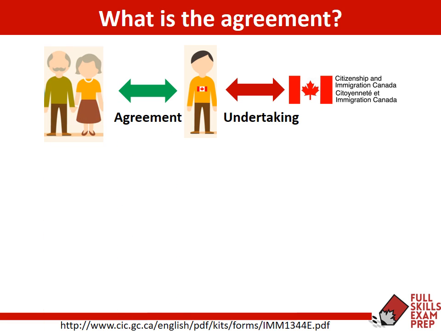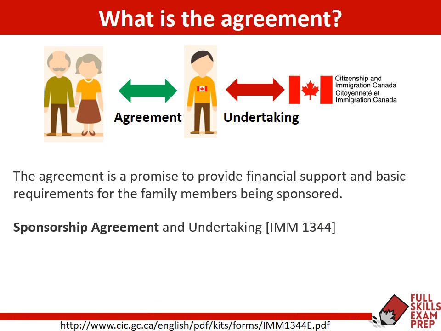Remember as well that this person also has to sign an agreement with his or her parents or grandparents detailing pretty much the same information. If you want to take a look at the sponsorship agreement and the undertaking, you can take a look at IM 1344, and the link, of course, is at the bottom here for you.